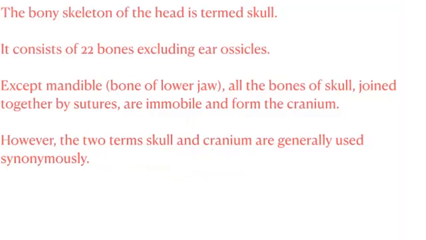So the bony skeleton of the head and neck is termed the skull. It consists of 22 bones, excluding the ear ossicles because they don't form any skeleton.